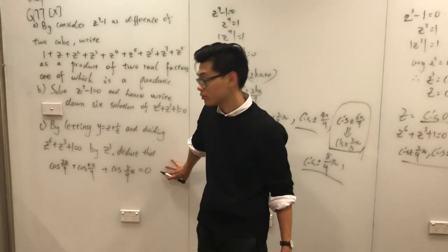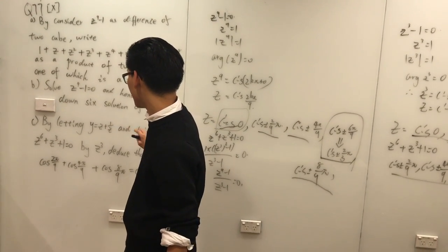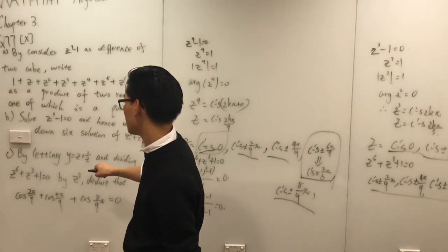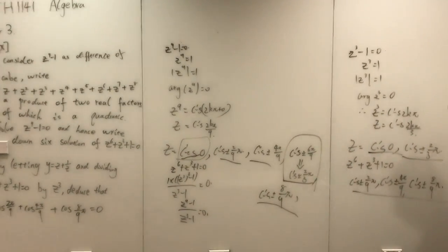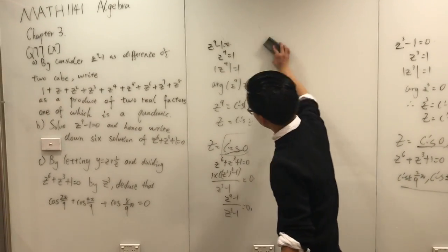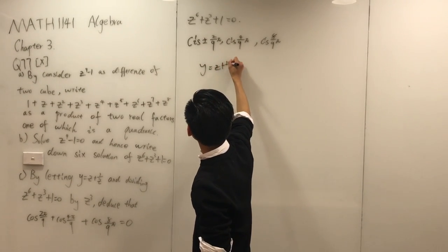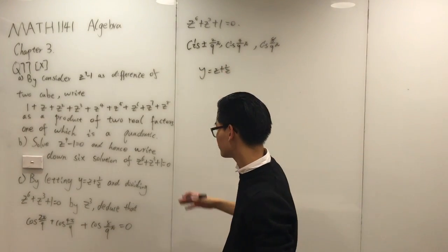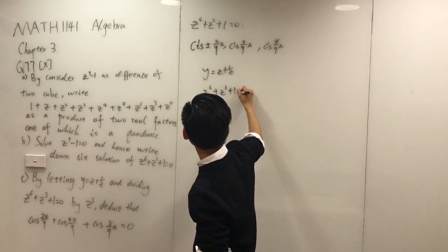Now let's look at the third part, by letting y equal z plus 1 on z and dividing z^6 plus z^3 plus 1 by z^3, deduce that and so on. So firstly we need to let y equal z plus 1 over z, following the hint of the question. So z^6 plus z^3 plus 1 equals 0.